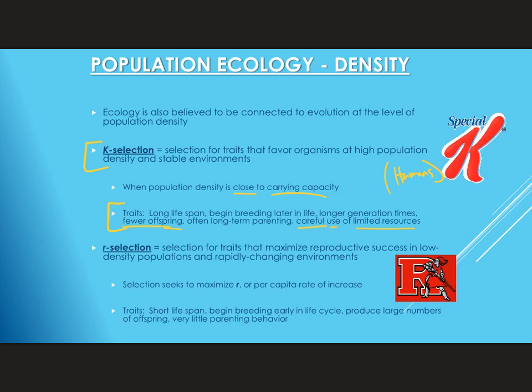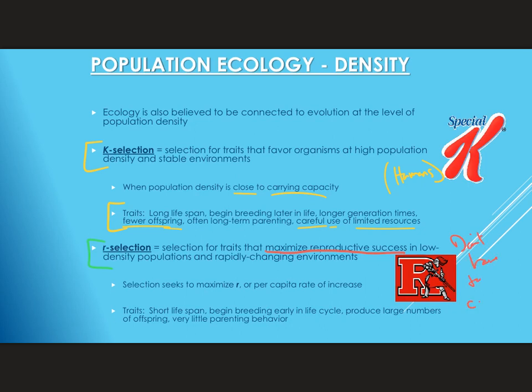Now, this is different than r-selected traits. R-selected traits are things that are really just meant to maximize your reproductive success. And this is generally in the face of low density populations. So you've got plenty of resources. You don't have to be careful.